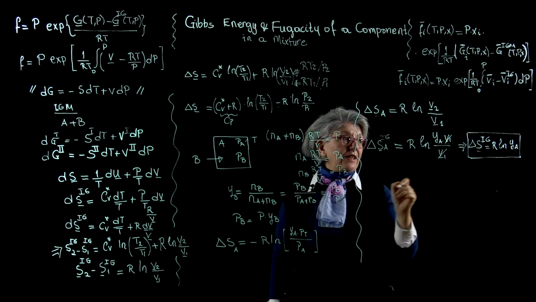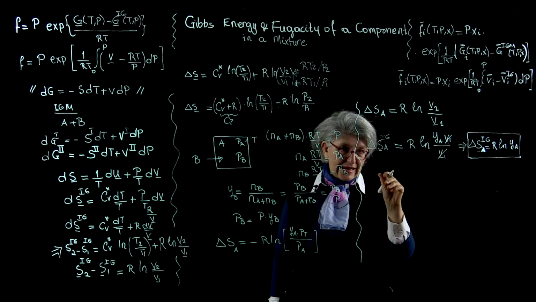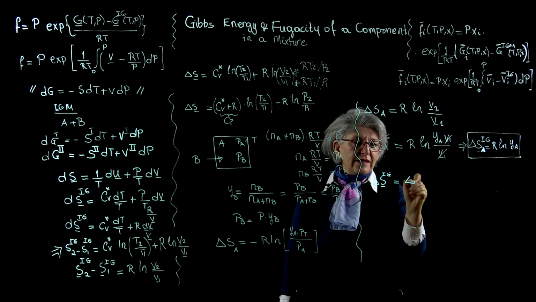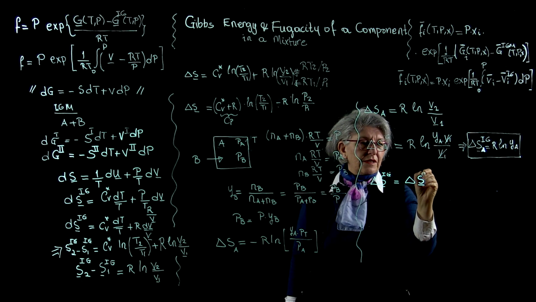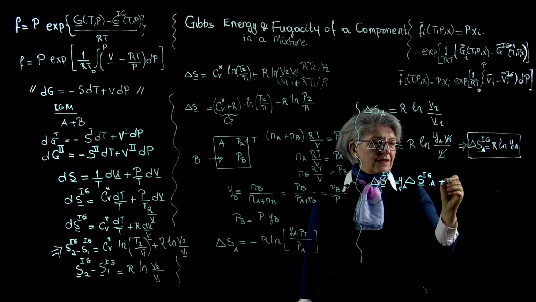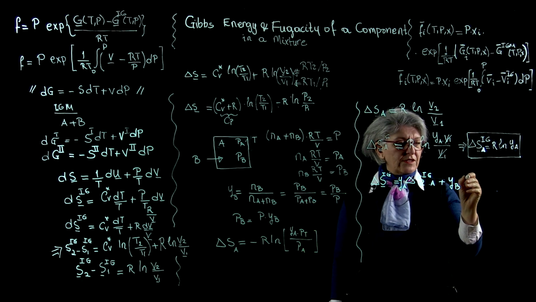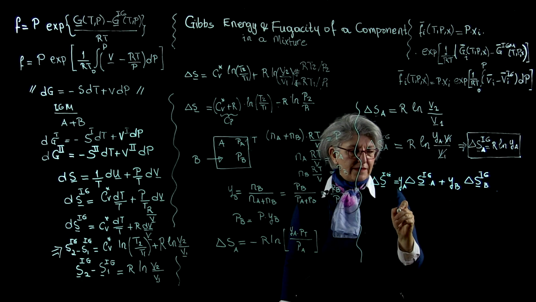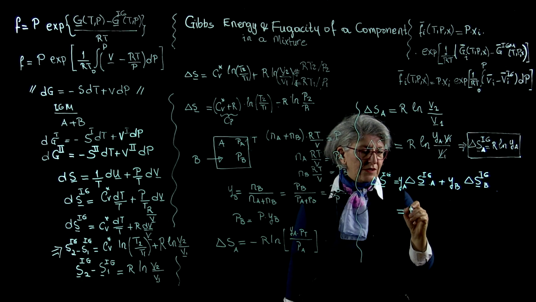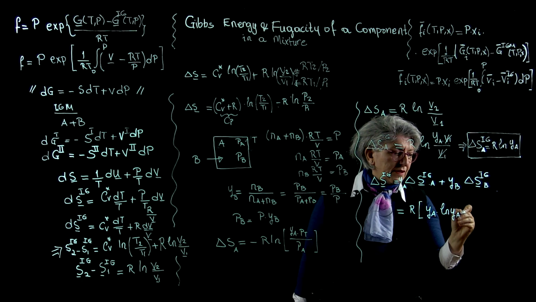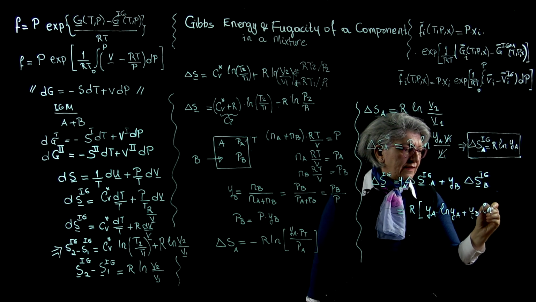Now, the total entropy change, so this is the entropy change of component A. The total entropy change as a result of this mixing process should be the summation of entropy change of component A multiplied by YA plus component B mole fraction times delta S ideal gas of B. So if you write this, we get the following expression. R times YA ln YA plus YB ln YB.